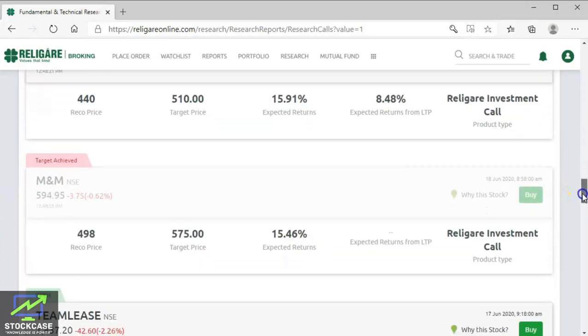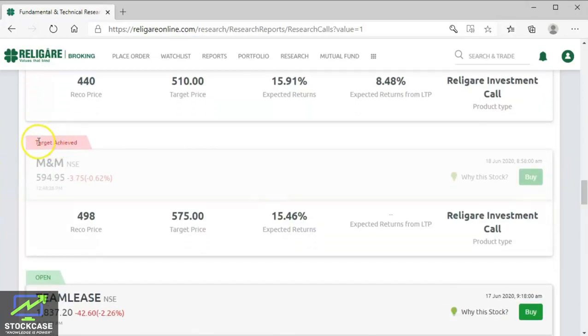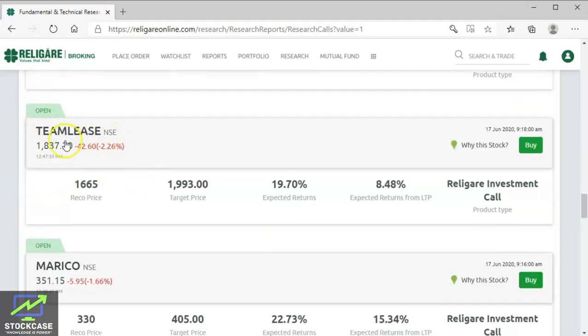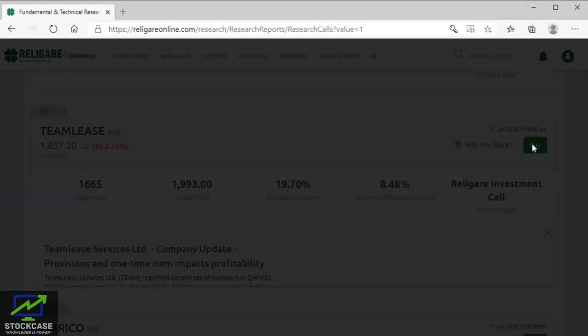Dabur is still open here and also up by 7%. M&M target achieved, recommendation price was 498, target was 575, current market price is 594. Now this has given a return of more than 15%. Team Lease recommended at 1665, current market price is 1837. This stock is up by more than 10% from the recommended price.